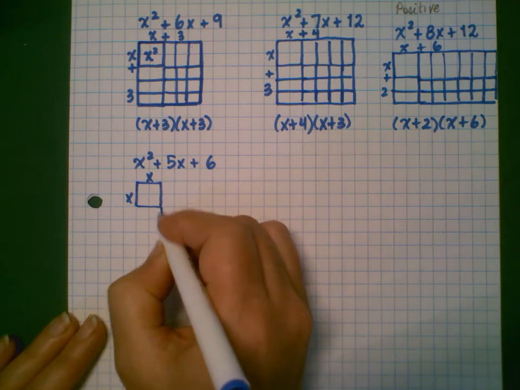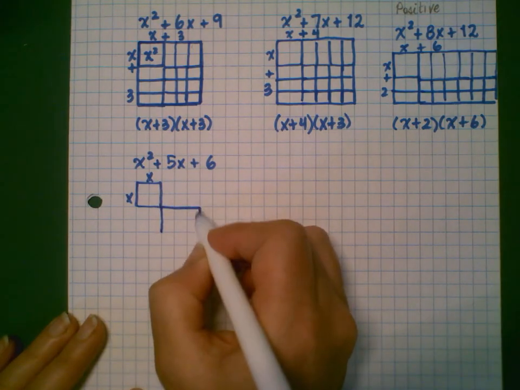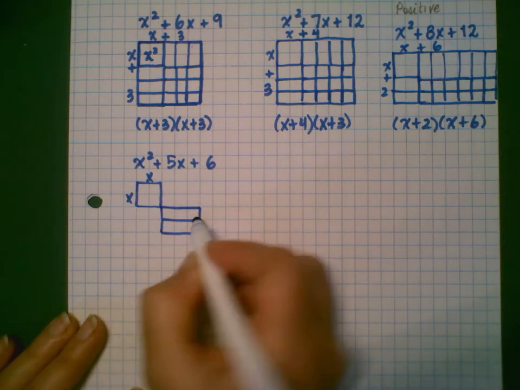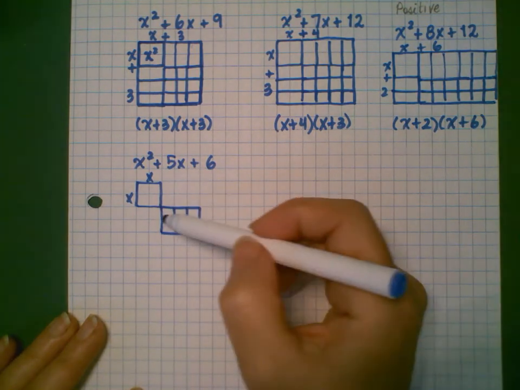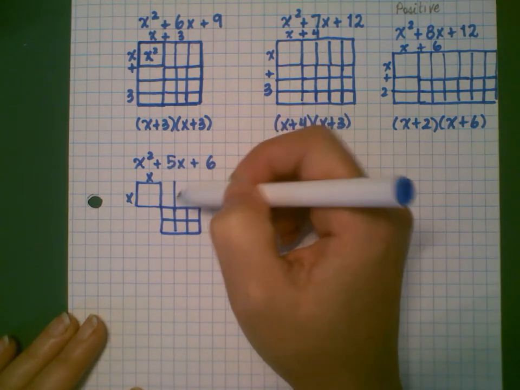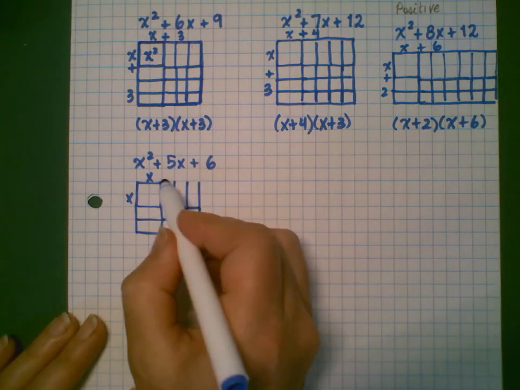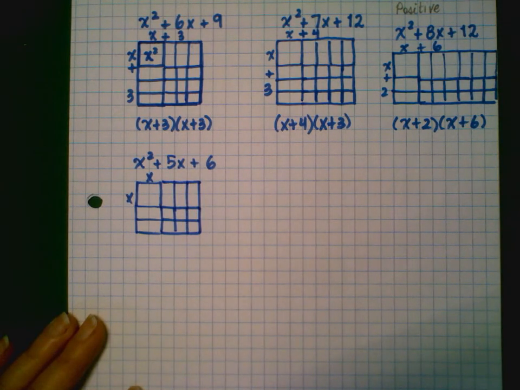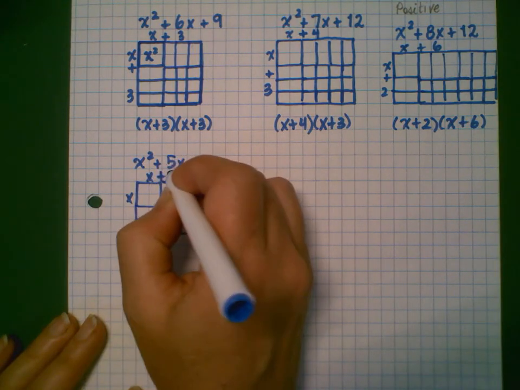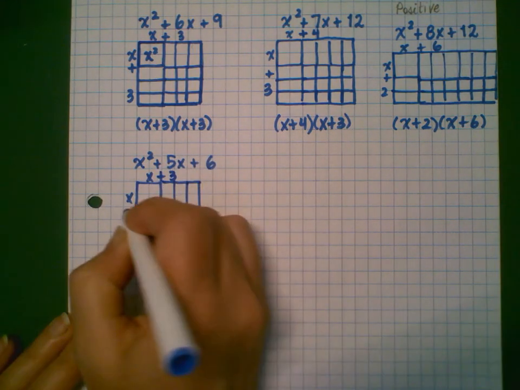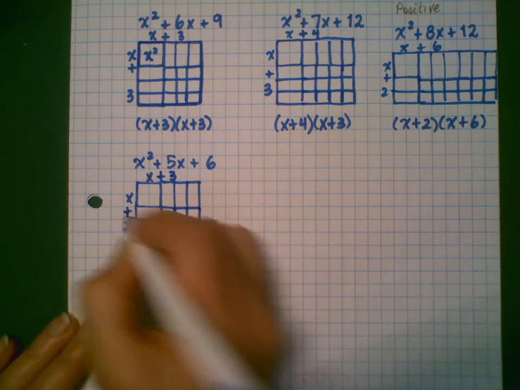And 2 by 3 is the one we want in this case. 1, 2, 3, 4, 5, 6. Then extend each of the lines out, and that gives me 5 bars. So the dimensions of this rectangle are x plus 3 and x plus 2.